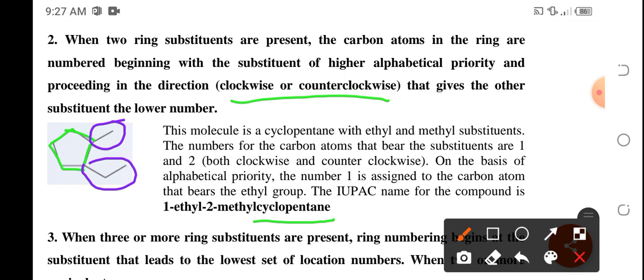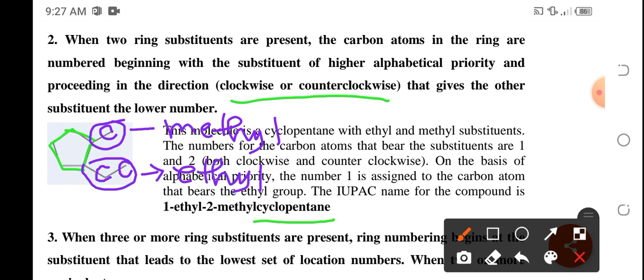So ulitin natin, this represents one carbon atom, and for another substituent, this intersection and that ending represents two carbon atoms. If there's only one carbon atom, this would be named as methyl. And for these two carbon atoms, that would be named as ethyl.